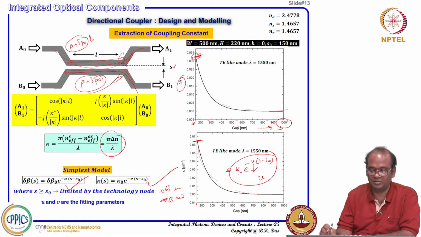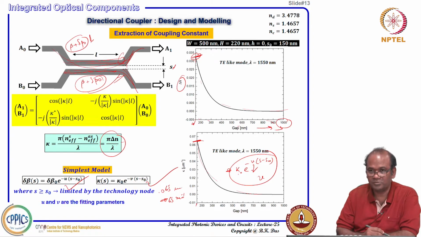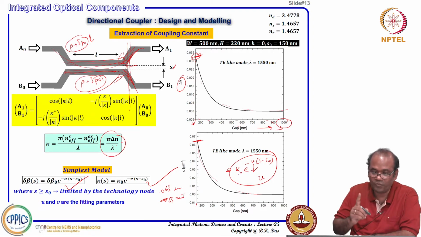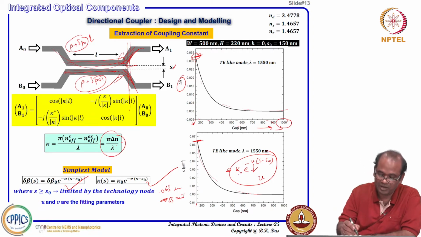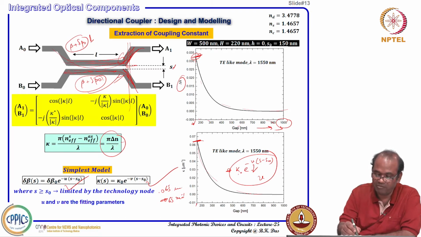Starting with a critical gap s naught, as you go in this direction their separation is increasing, but that does not mean no coupling is happening in this Y-junction type waveguide. We need to find out how far they are coupling, so you have to stretch that much until the coupling is almost 0, and then you can bend parallel to access your outputs.